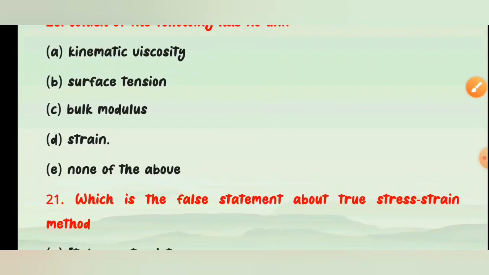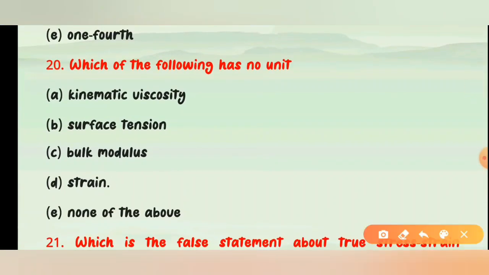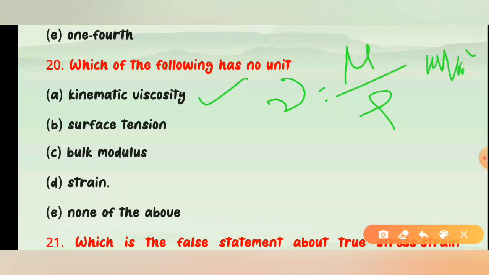Which of the following has no unit? Kinematic viscosity, denoted by nu. It has a unit because it is dynamic viscosity by rho. It has a unit kg per cm square. Surface tension, Newton per meter.